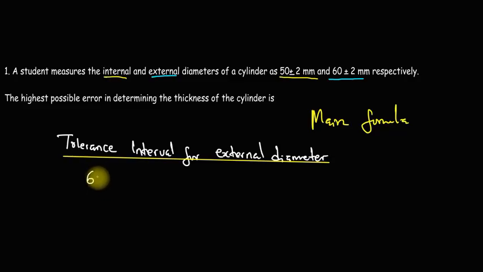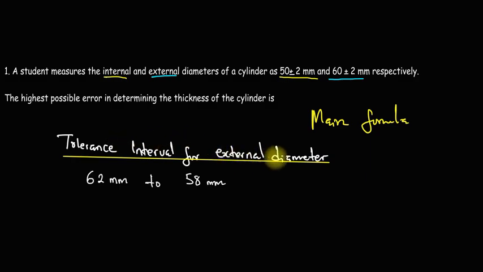So 60 plus 2 is 62 millimeters. So 60 minus 2 is 58 millimeters.